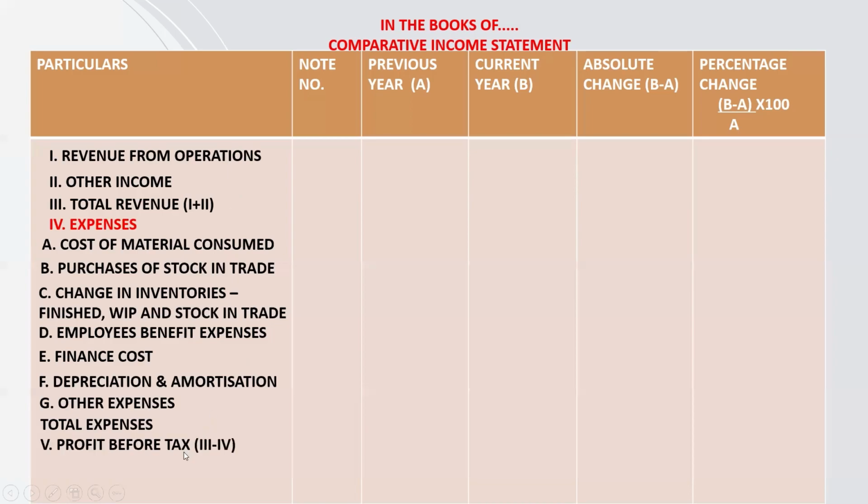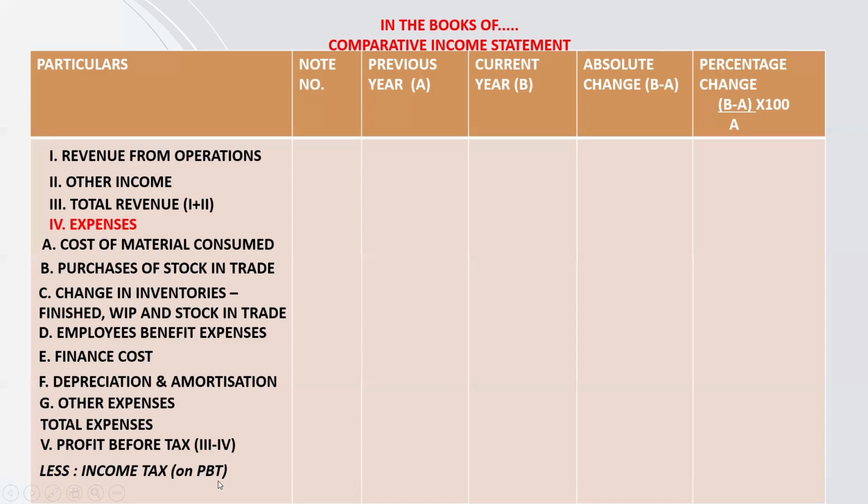How will profit before tax be calculated? From the total revenue, we have to subtract the total of expenses. When we subtract the total of expenses from our total revenue, we get profit before tax. Now we have to calculate income tax or corporate tax, which is calculated on this profit before tax.